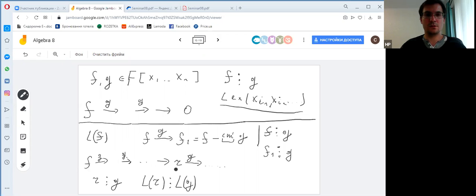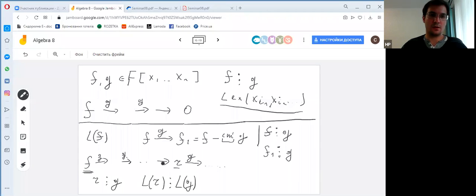But it seems that in your lecture course, you understood that every polynomial f with every system of monomials g1, g2, and so on, gk, goes to a remainder.